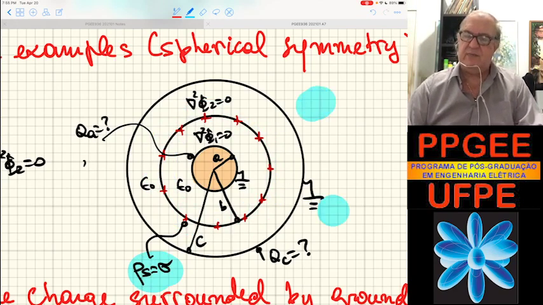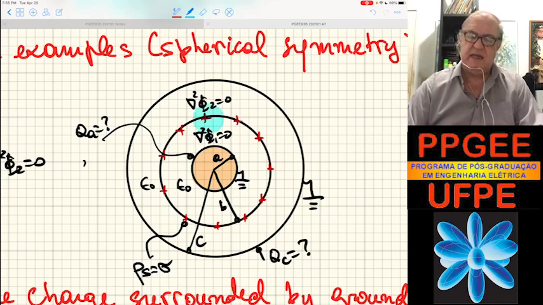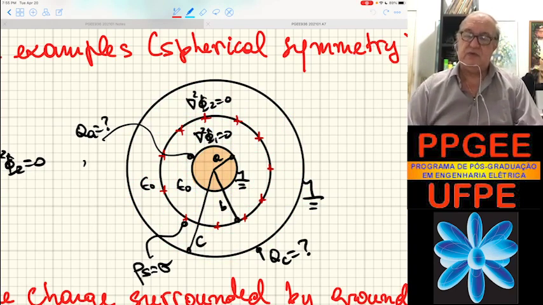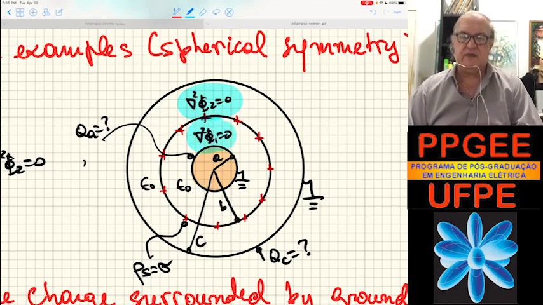Outside is not important to solve the problem, but we want you to know what happens. For instance, if you put an amount of charge here, what is the charge distribution on these two electrodes, on this one and on this one, right? That's an important question. How much charge goes to each side? So we do that by solving for the potential in region 2 and region 1 and applying boundary conditions.